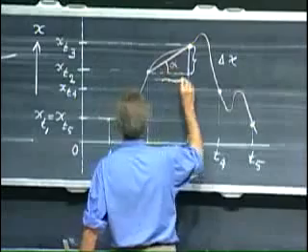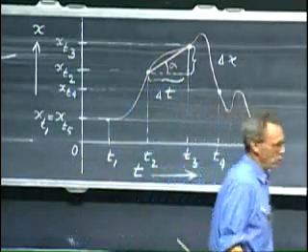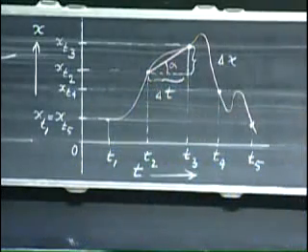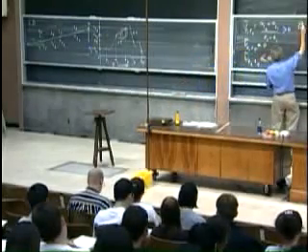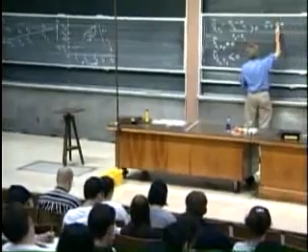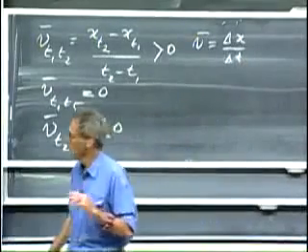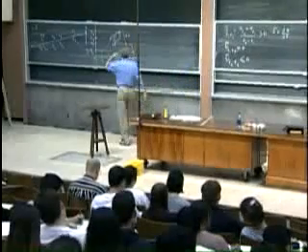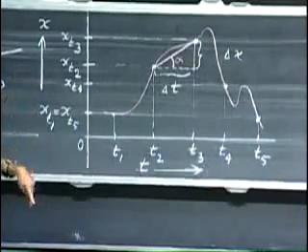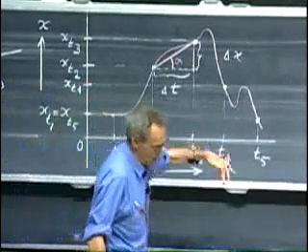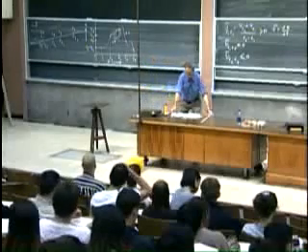And this here is delta t. And so you could write now, if you're careful about your sign convention, that the average velocity equals delta x divided by delta t. But be careful, if the angle is positive, I call this a positive angle, then the average velocity is positive. But if I have a negative angle, then the average velocity would be negative.